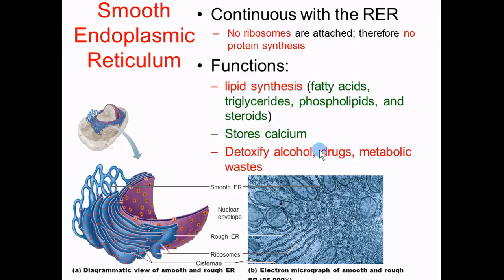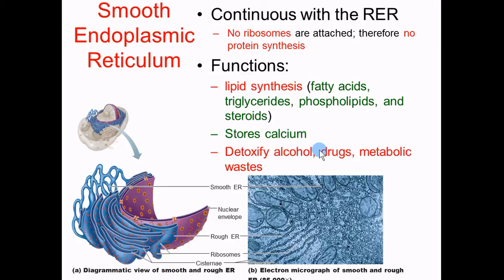So, for instance, if I'm pulling a cell out of the liver, well, what's the main purpose of your liver? It synthesizes lipids, it helps store fats, it helps modify proteins, it helps detoxify alcohol and drugs and metabolic wastes. I don't know if you're noticing a pattern.